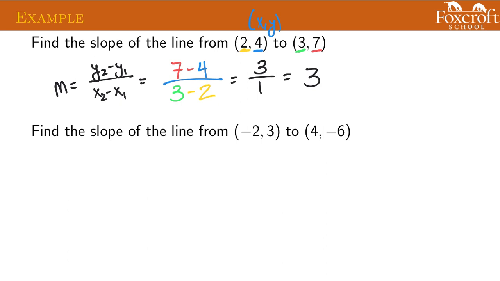Now the next one, we're going to do the exact same thing, same formula. The only difference is we have these negatives, so we just have to be a little bit more careful. But starting out, we still have our formula. y2 is our second y value, so negative 6. I'm going to subtract the first y value, 3.